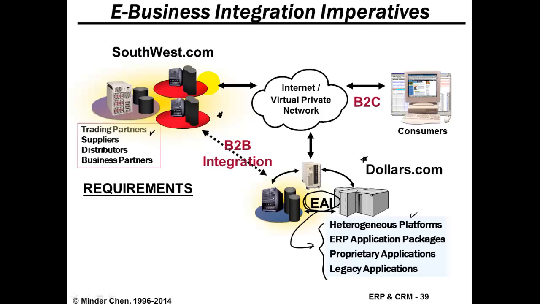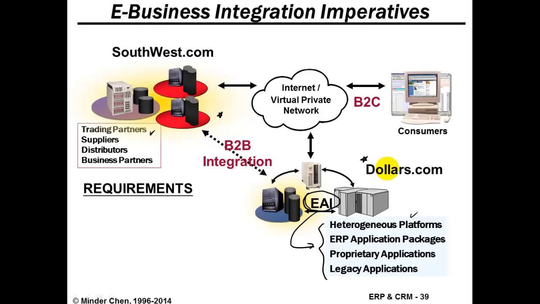Southwest doesn't own a rental car business, but they do want to capture that opportunity, and so they need to get access to Dollar's rental car information regarding whether Dollar rental car has a rental car available at LAX airport on a certain day for the customer, and how much it would cost.